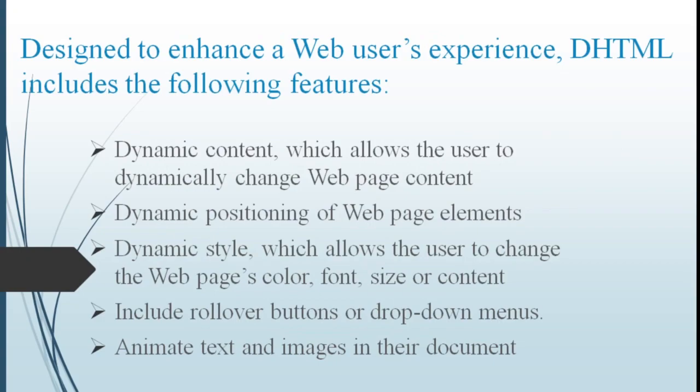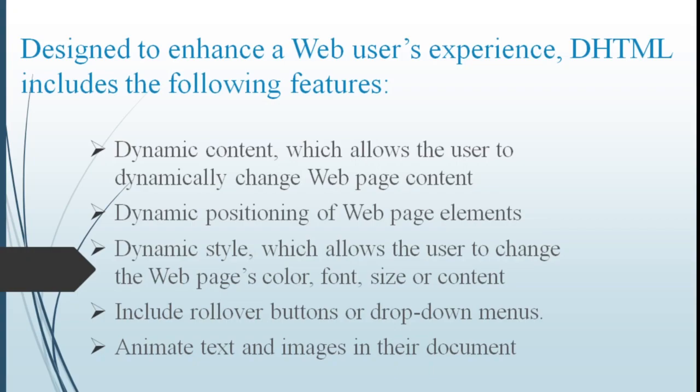Designed to enhance a web user experience, DHTML includes the following features. Dynamic content allows the user to dynamically change the web page contents. Contents of a web page can be changed dynamically. It allows the positioning of web elements.